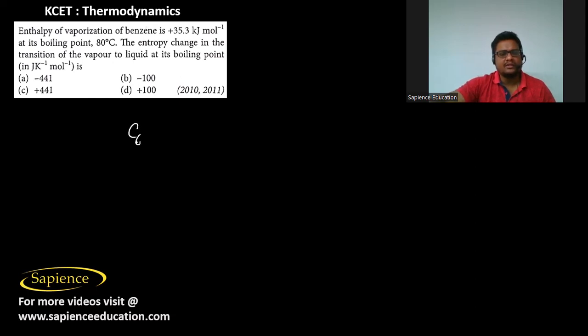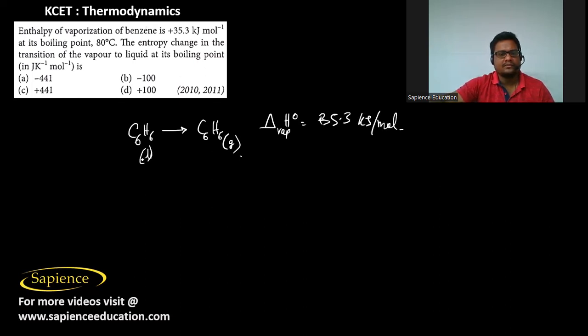So when benzene, which is C6H6, changes from the liquid state to the gaseous state, that is the vapor state, some heat will be absorbed. The enthalpy of vaporization will be equal to plus 35.3 kilojoule per mole, which is endothermic.